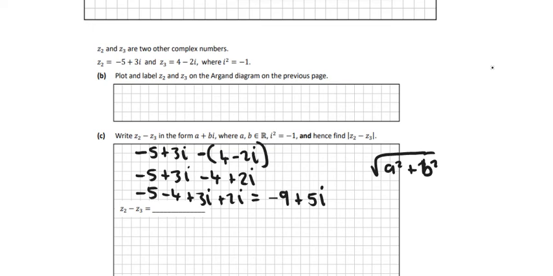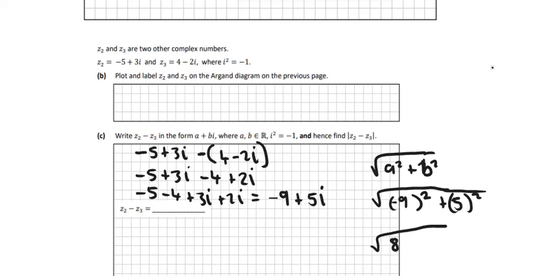So a here will be -9, so we have to do -9 squared, and then we have to do 5 squared. Any minus number squared will become positive, or you can put it into your calculator and it'll give you your answer straight away. But it's going to be 81 plus 25.